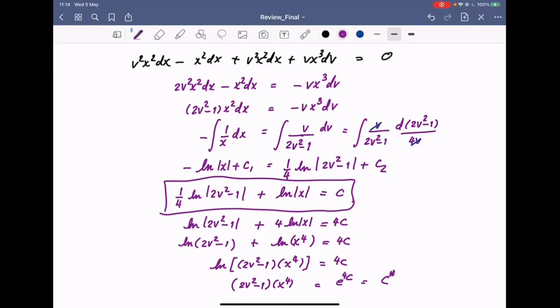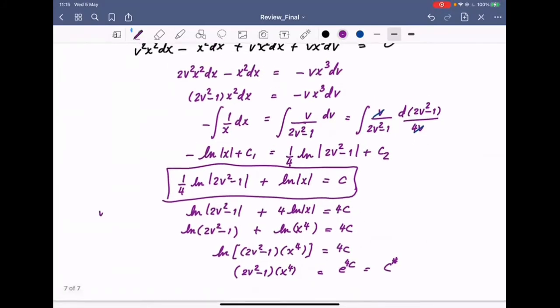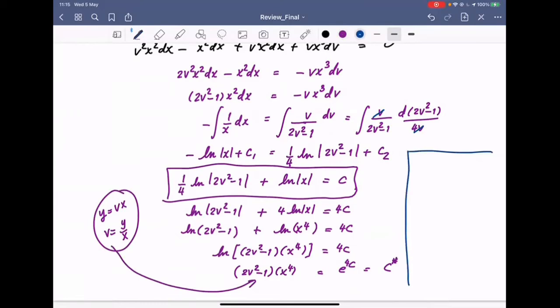And then after that, you replace v. Because you did a substitution first, y equal to vx, so v equal to y over x, so you can use it here. Okay, long way for this question, and then you get 2 times y squared over x squared minus 1, and then multiply x to the 4th power equal to constant.